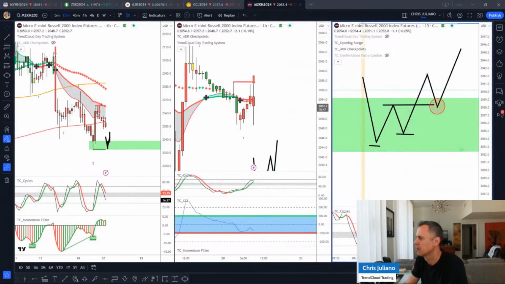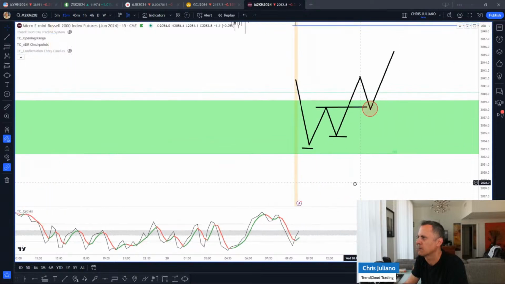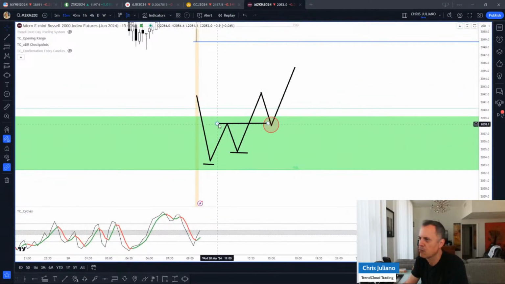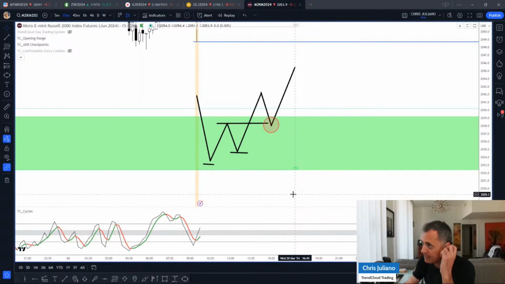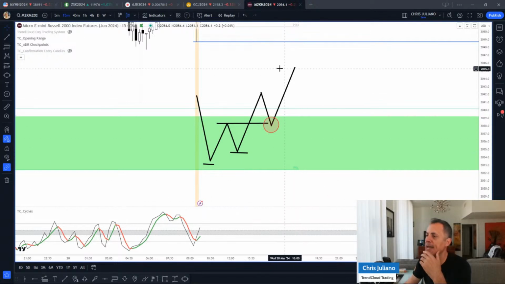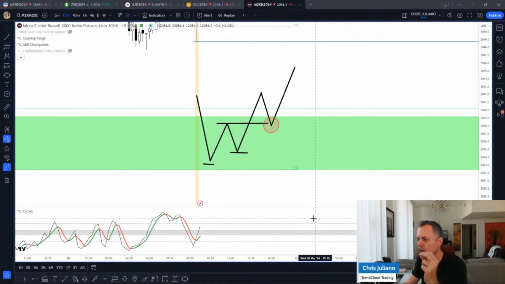This is the aggressive entry. This is the conservative entry. Pretty cool, huh? That is what you would follow, and structurally, that would be your first go at the trend reversal.